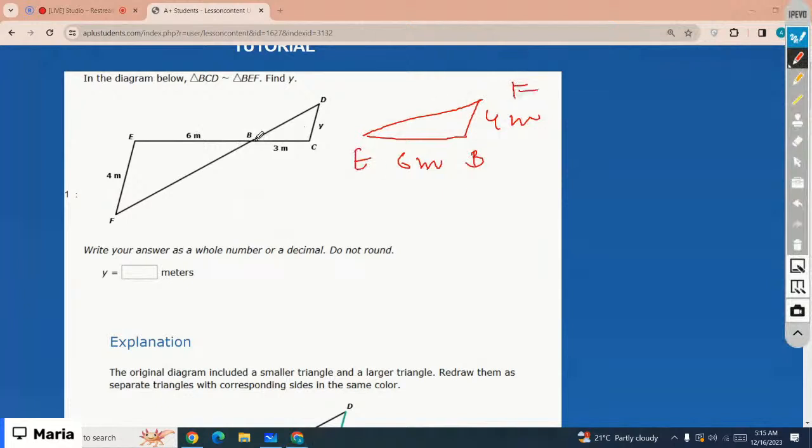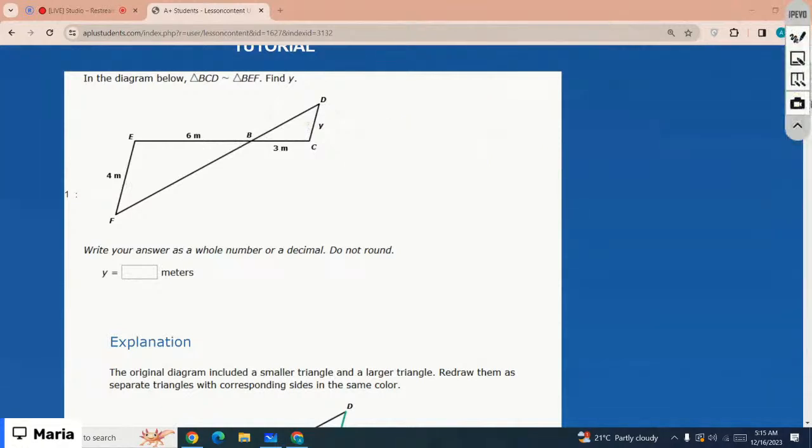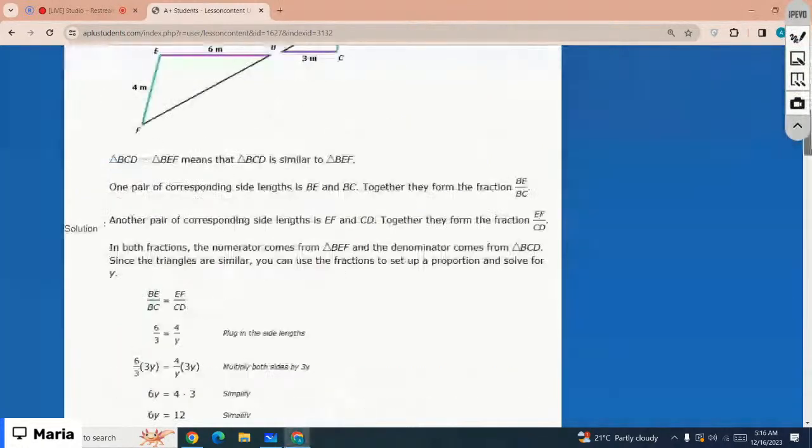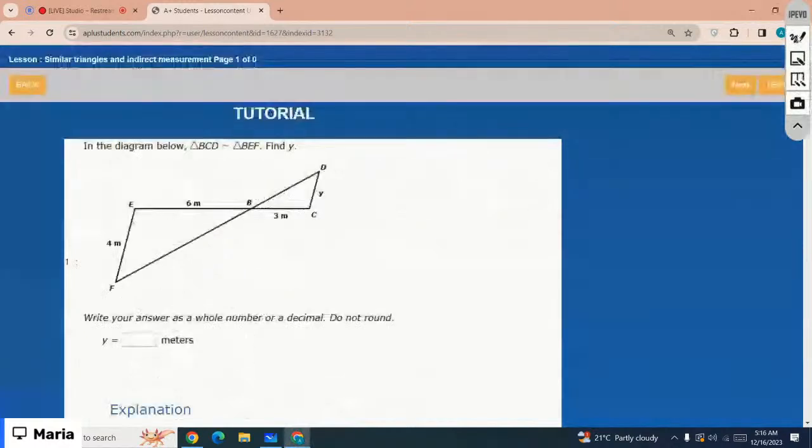Now if you just look at this small triangle and this one, they are similar, right? When you look at the similar sides, you can see here is Y. So Y is similar to 4 meters. So just form a proportion between the similar sides and solve the equation.